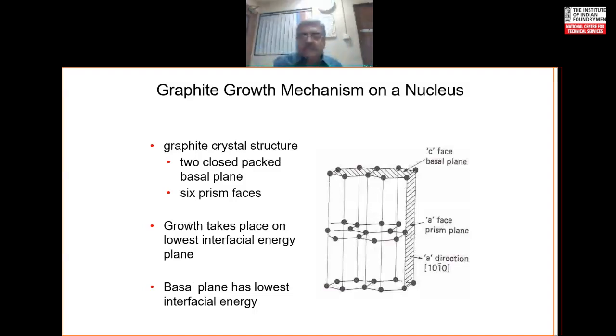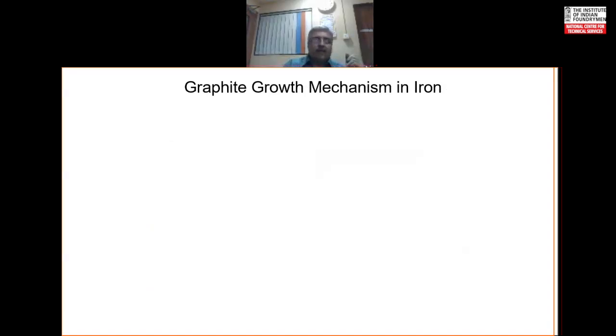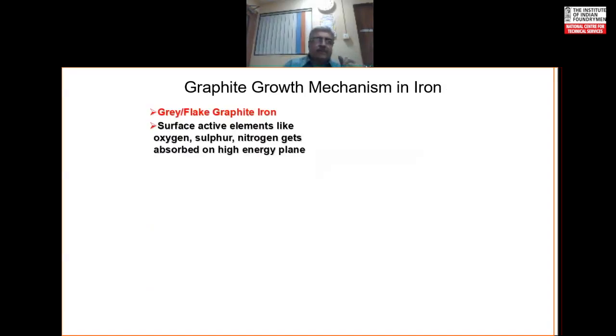However, in reality, our cast iron has many other things like oxygen dissolved in it, it has sulfur, it has nitrogen. Now, let's quickly look at what happens because of the presence of these surface active elements. They get adsorbed on the high energy plane, which is the vertical plane.